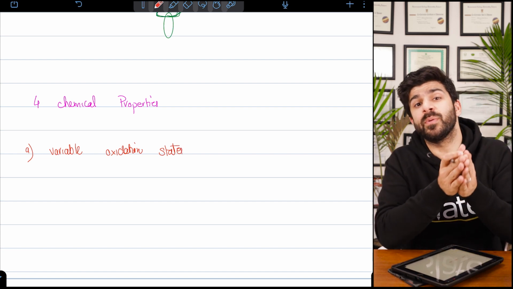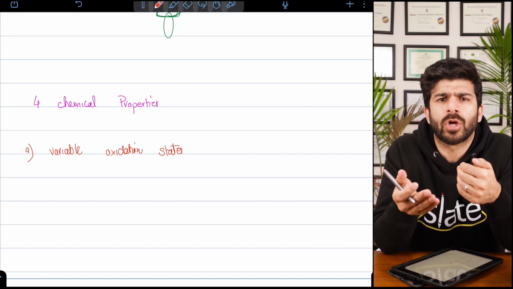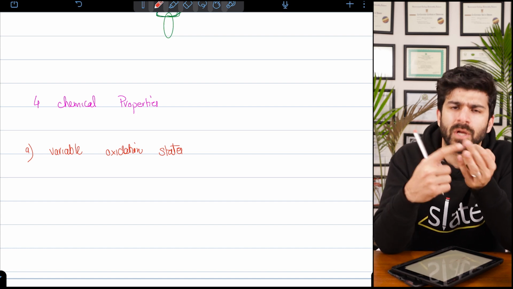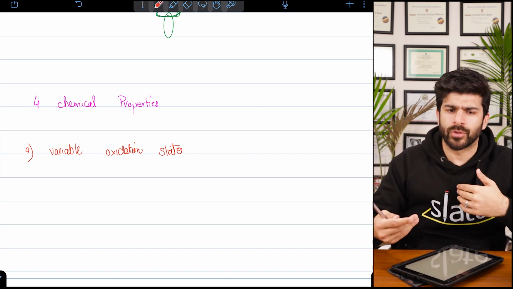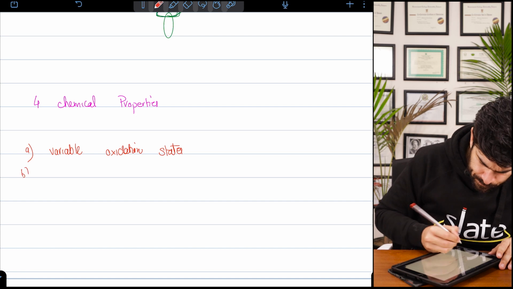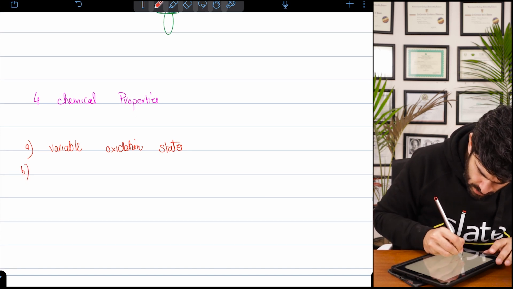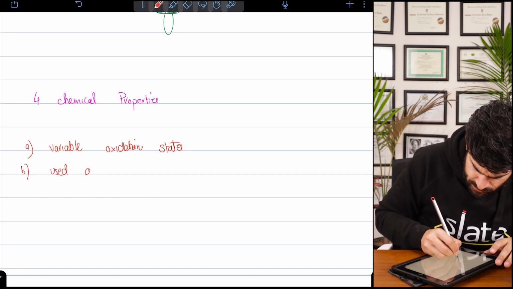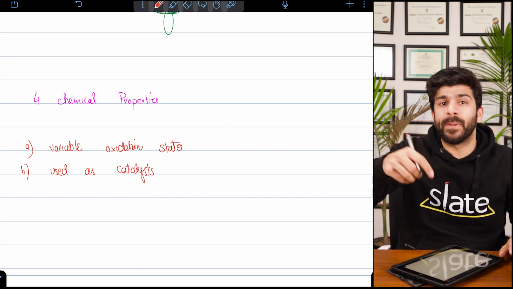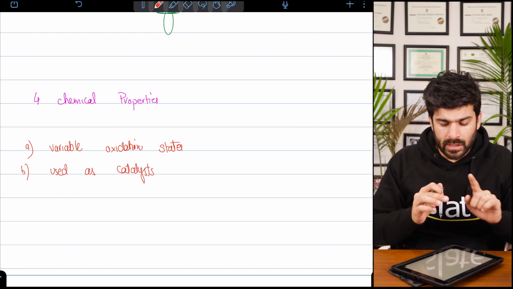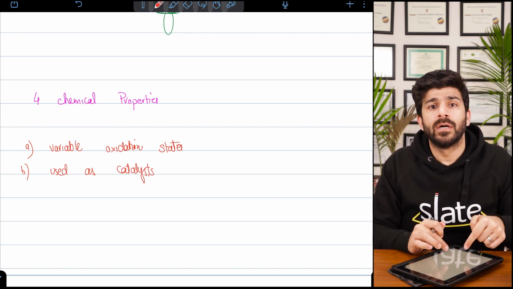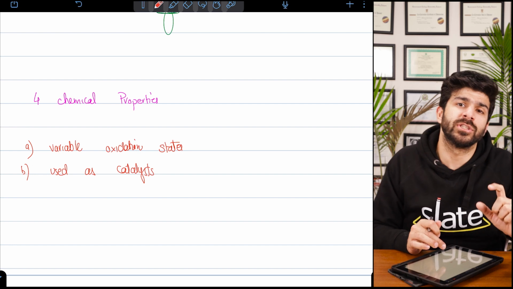By oxidation states, we mean charges. So they can have variable charges, +2, +1, +3, +4, and so on. B, they're used as catalysts. And this property is also because of the fact that they have variable oxidation states.